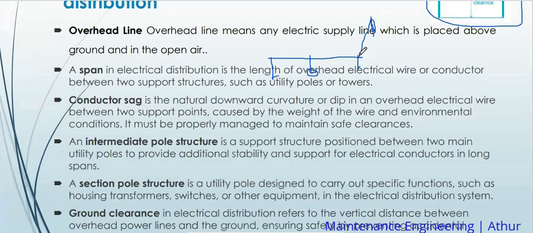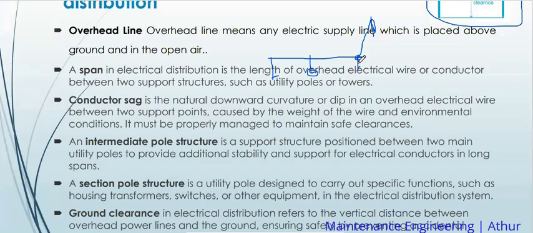But there is this section here, which is at the angle, because you see, it is taking a turn from here. Now we call this one a section pole structure. This one is always at the angle. And before we continue, when I'm explaining this, I'm explaining very many things.